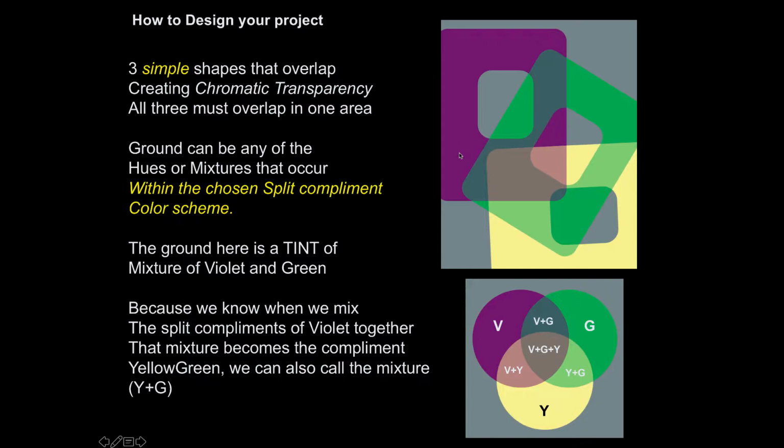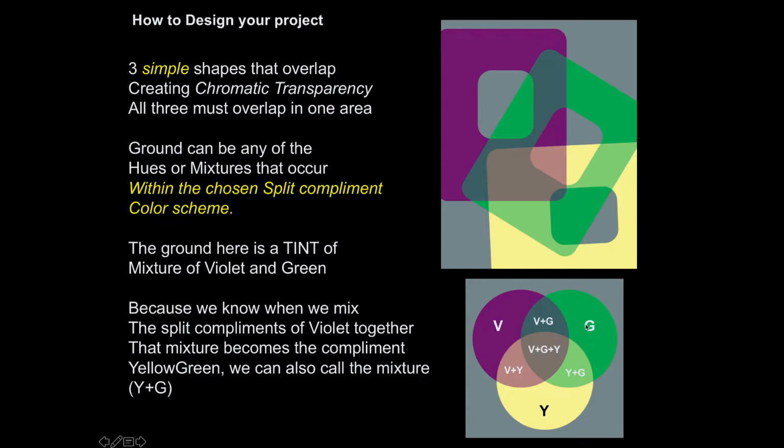So this one, we've used a split complement color scheme of violet, yellow, and green. So yellow is the color, and then violet and green are the splits from that.